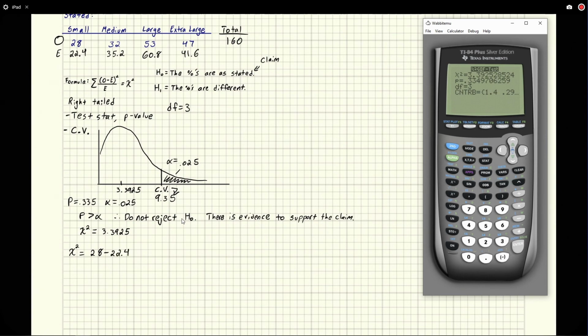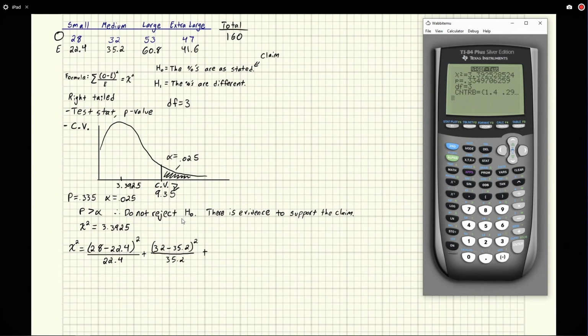Then we're going to divide by 22.4 because that's our expected, and we're going to square the top, right? That's our first one. Then we're going to add the next one. That's going to be 32 minus 35.2. That's our observed minus our expected. We're going to square it, and then divide by 35.2.